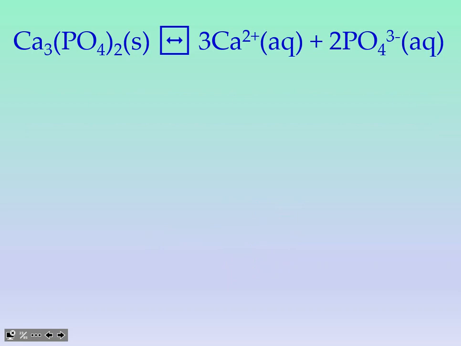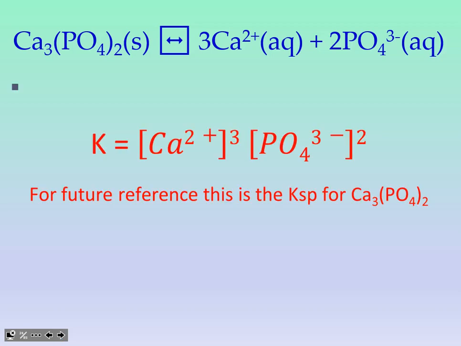For this particular one, how would our equilibrium expression look? And I'm just going to tell you it's going to look a little bit different. Why is it going to look different? The solid is the only reactant. So what does that mean? No denominator. Exactly right. So it looks like this.